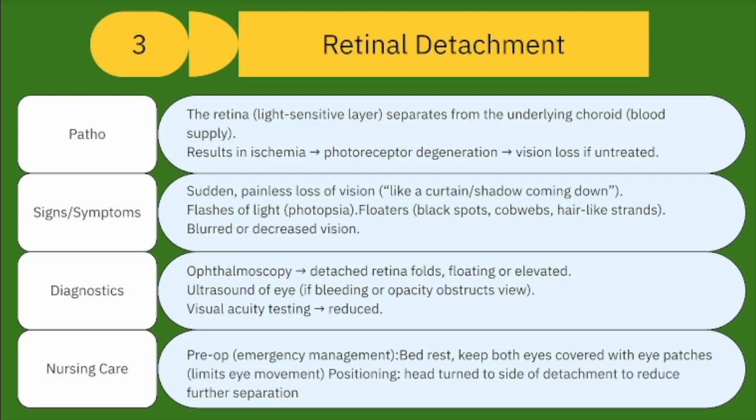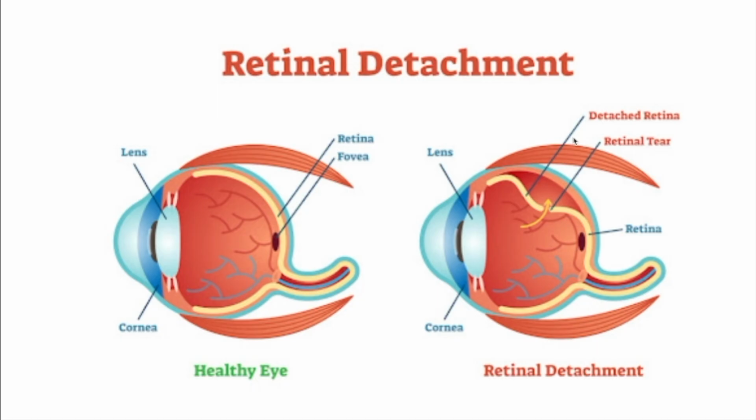You keep them on bed rest, you have both eyes covered, and you turn their head toward the side of detachment. Movement makes it worse, so safety is a priority until surgery. Here we have a healthy eye. And then on the other side, you can see the retina detaching, and that's kind of what retinal detachment looks like.